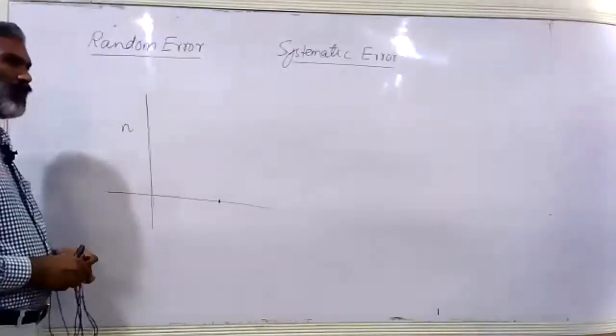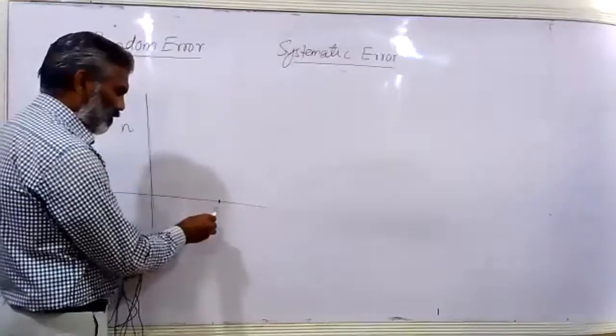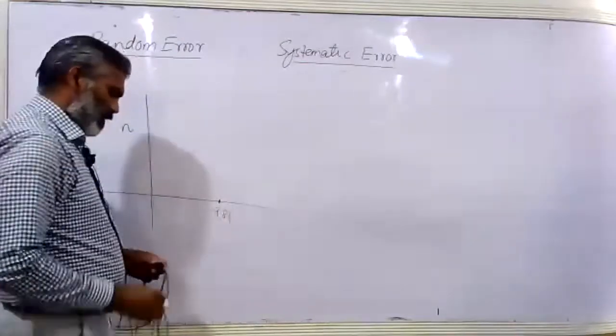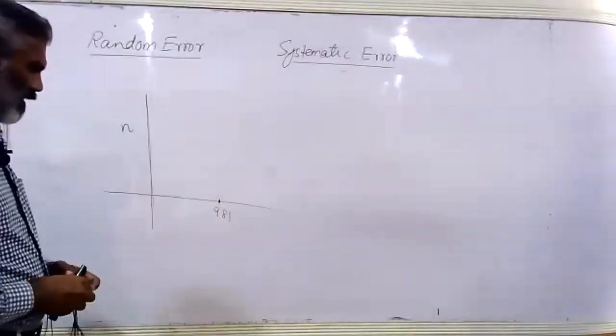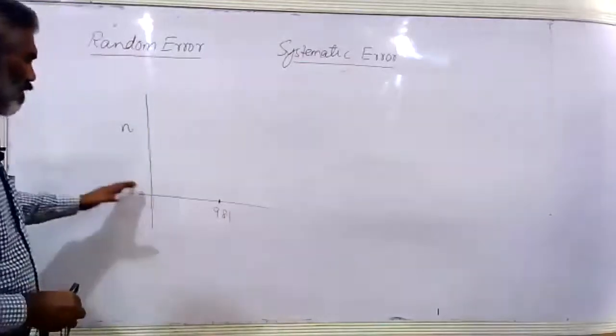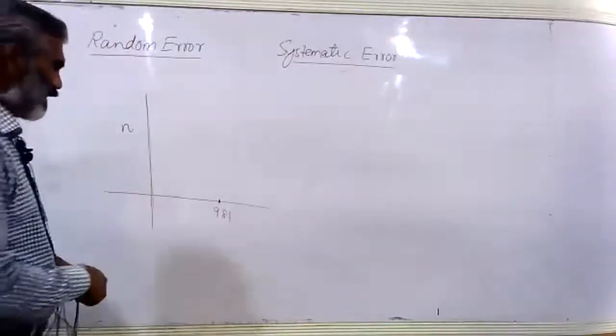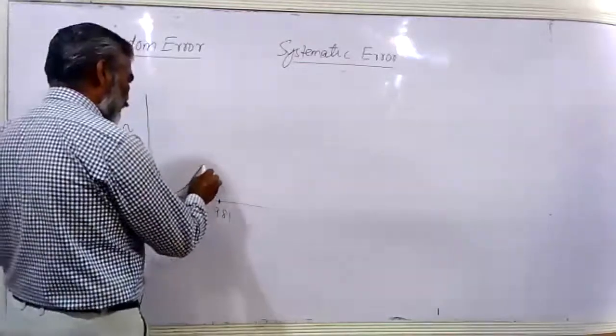For example, let's say you are trying to find 9.81, the value of g, and you have taken a very large number of values in an experiment, and then you plot a graph of all these various values against the number of values you have taken. Let's say this is the shape of the graph.